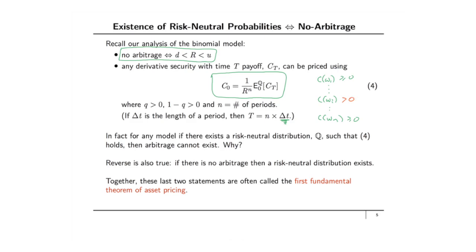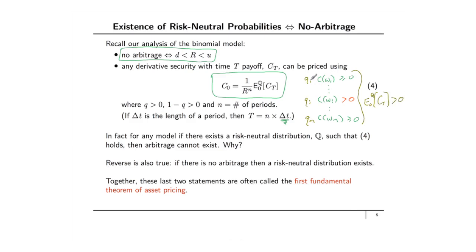Now, if we have strictly positive risk-neutral probabilities, Q1, so on down to Qi, down to QM, such that this situation is satisfied, then the expected value of Ct must be greater than 0.